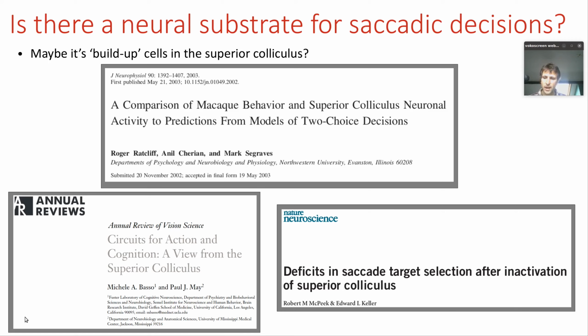There's a nice review by Michele Basso and Paul May on the role of superior colliculus in decision making, and whether it's actually really participating in cognitive tasks, even though it's a subcortical brain region. This paper here is a good one by McPeek and Keller, where they inactivate the superior colliculus and look at how saccadic target selection is affected. So maybe it's the colliculus that's doing the decision making rather than the cortex.